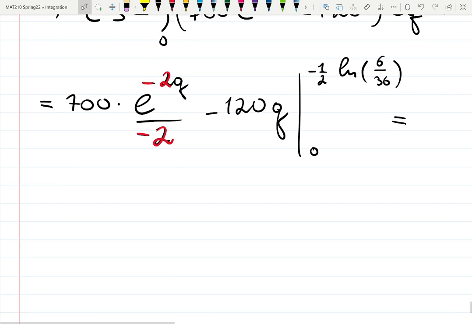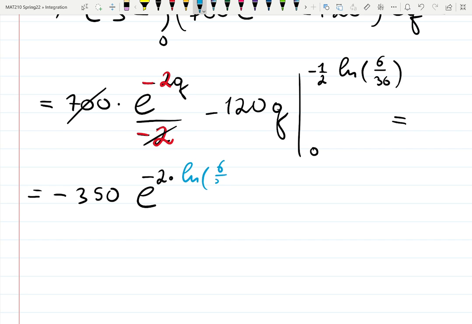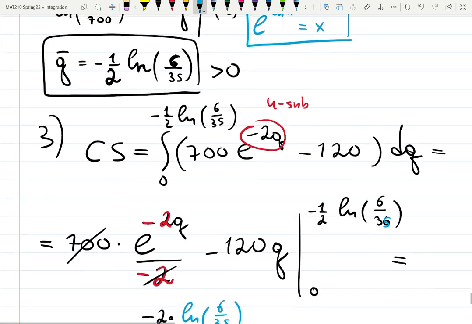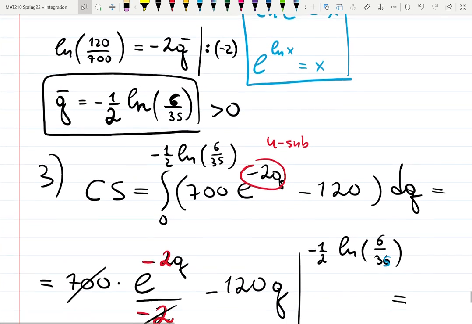So it's going to be 700 divided by minus 2 becomes minus 350. And then I will have e raised to the minus 2 times, ln 6 over 35, not 36, 35, right? It was 120 over 700, yes. Okay.